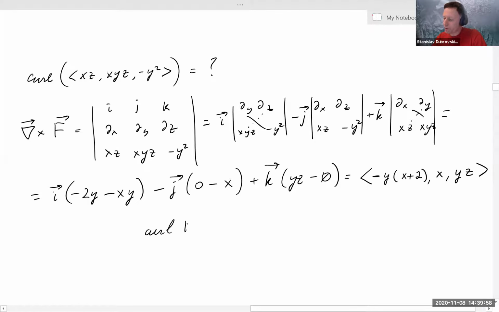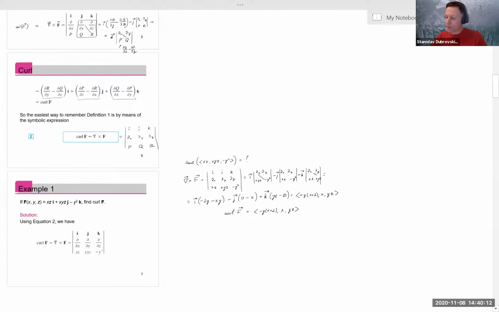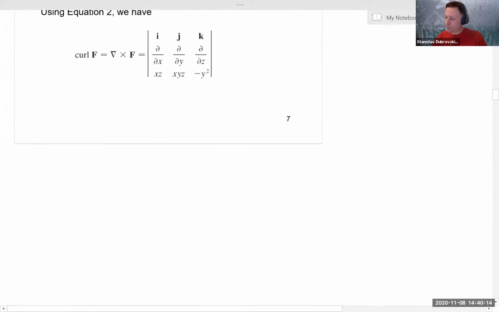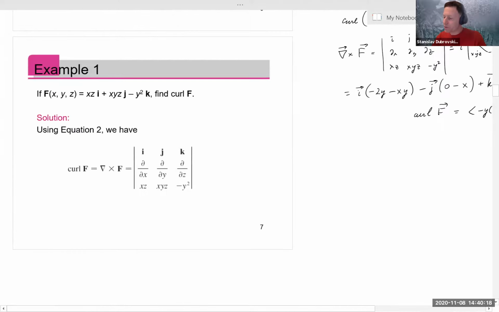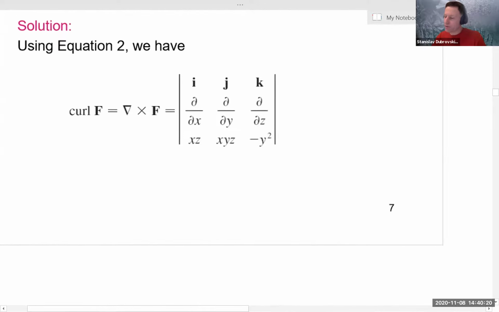So we can say the curl of this vector field is this expression, this vector. So to summarize, given the vector field, the curl produces a new vector field.